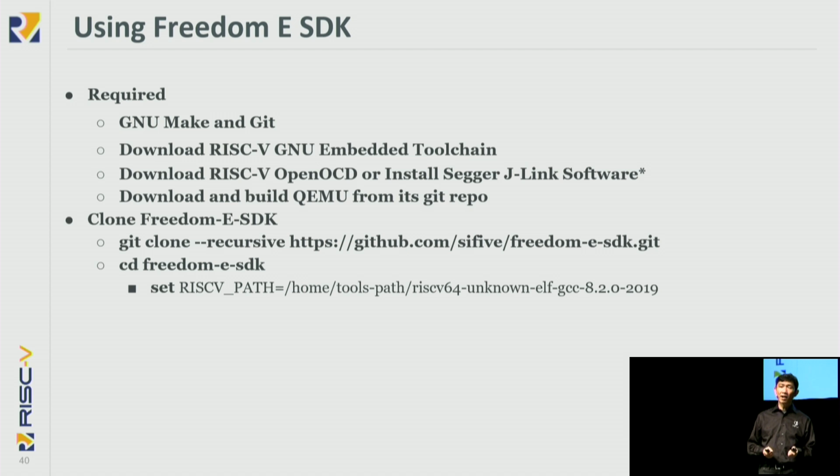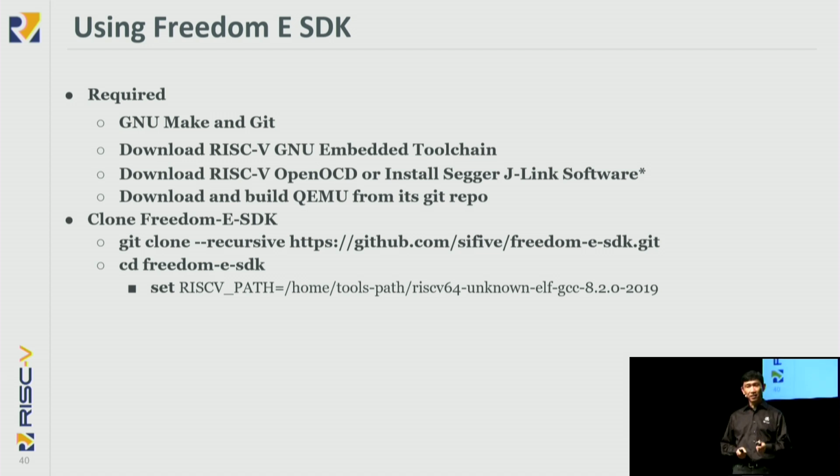However, you do require a number of packages to be downloaded, namely GNU make for you to build, Git for you to do the Git clone, and of course the embedded toolchain itself. Since the Freedom E SDK is command line, and you Git clone it, it does not come with that. Fortunately, SiFive does pre-build this toolchain. It is available at sifive.com for you to download.